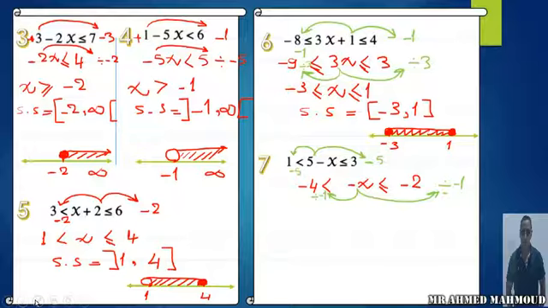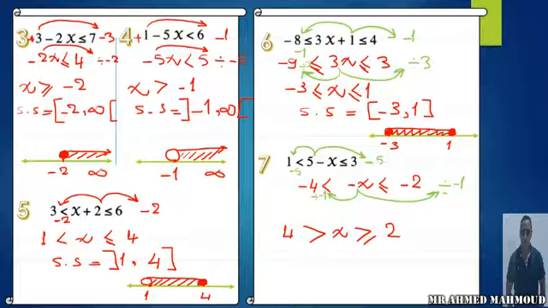It will be negative 4 divided by negative 1 equals 4, and x, don't forget, when we divide by negative we are going to change the direction. It will be like this: negative 2 divided by negative 1 equal 2.